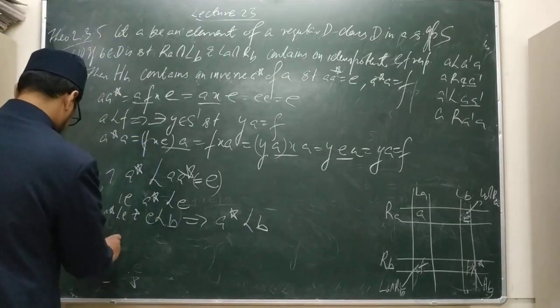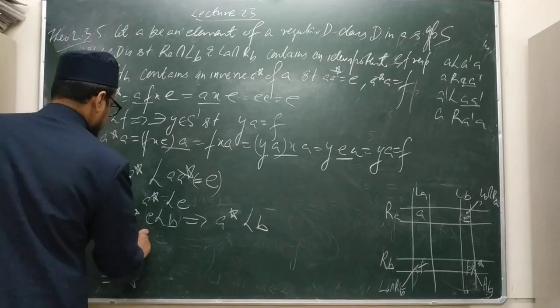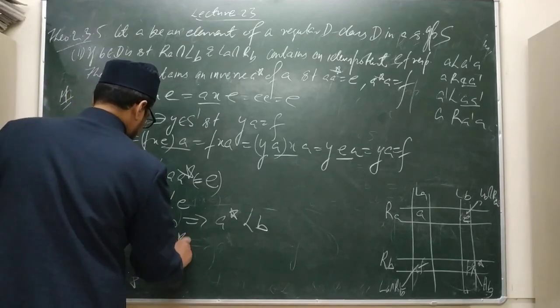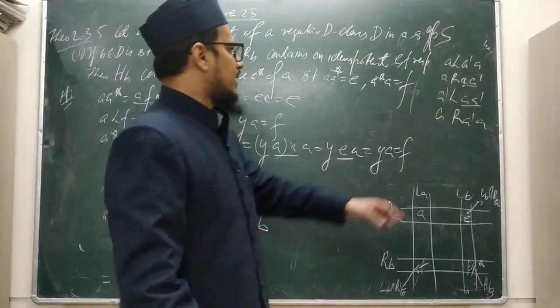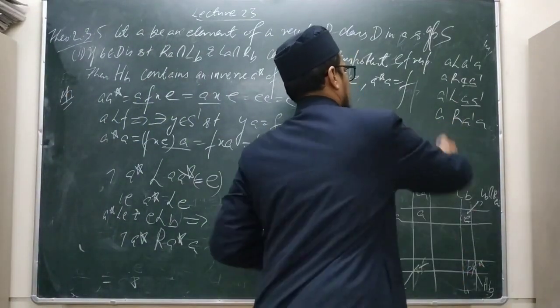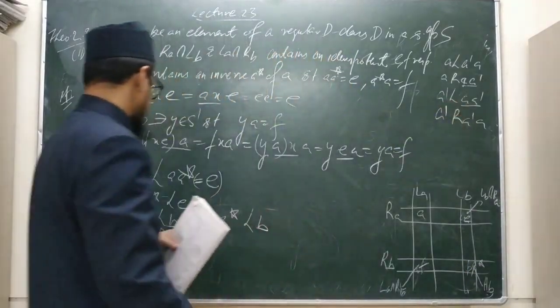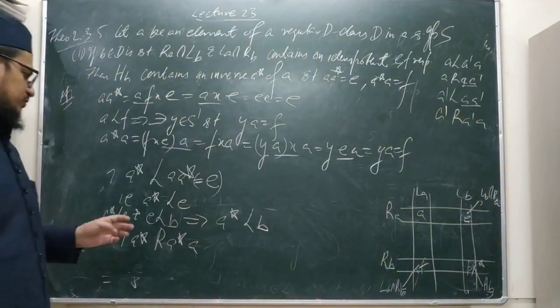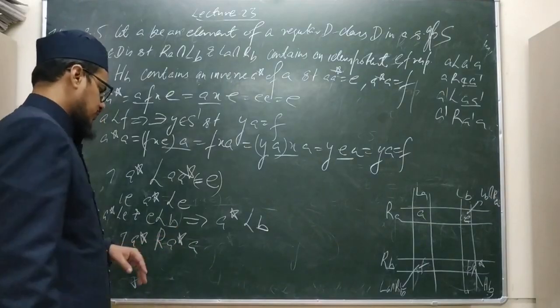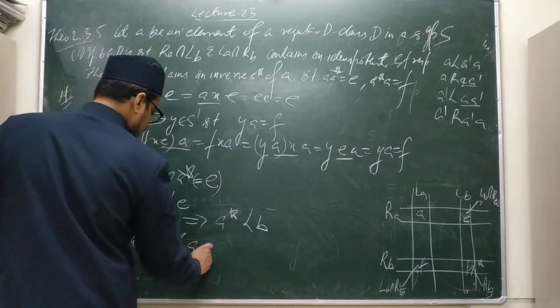Now, since we know that A dash and A dash are always related to each other, A star R A dash, because A star is what? Inverse. So this is true, and this is what?